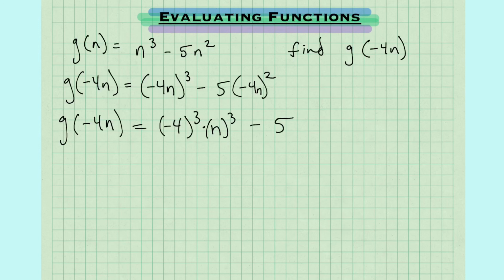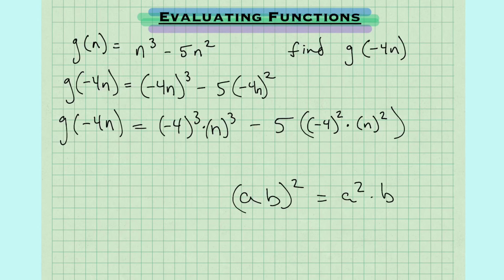We have negative 5 times negative 4 squared times n squared. Okay, once again, that's just your a times b squared equals a squared times b squared. Okay, we're simply taking a and b and replacing it with negative 4 and n. Here's your a, here's your b. So it turns into like this.